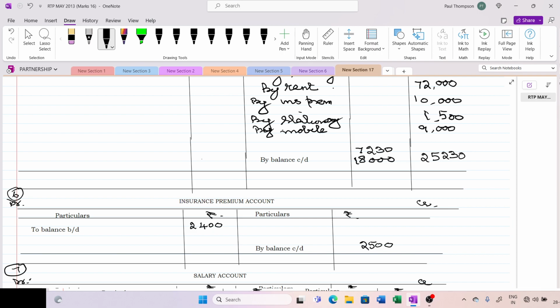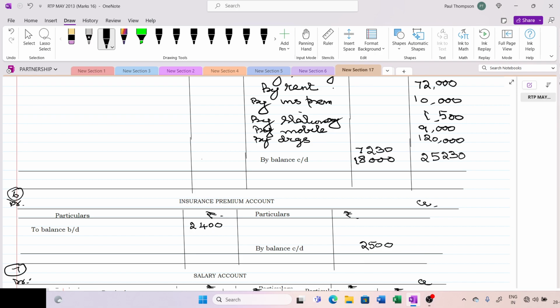Very clearly it is said that there is no addition or sale of mobile. So this item will directly go into your P&L account. This 9,000, because you have to consider it either repair or some other charges paid for that mobile phone. 1,20,000 is the drawing.